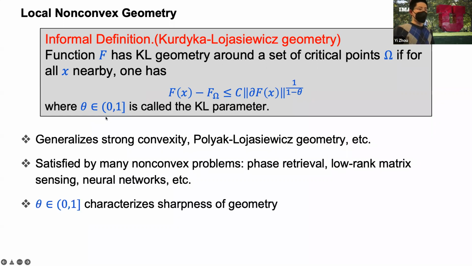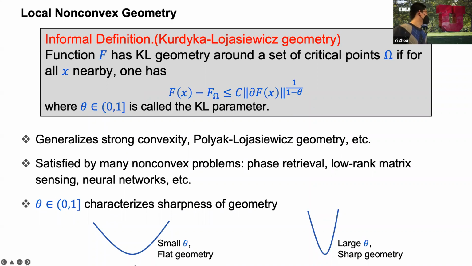Intuitively, if theta is small, then locally the function looks very flat, and we expect the convergence to be slow. Otherwise, if theta is large, then the function looks sharp, and we expect the algorithm to converge much faster.